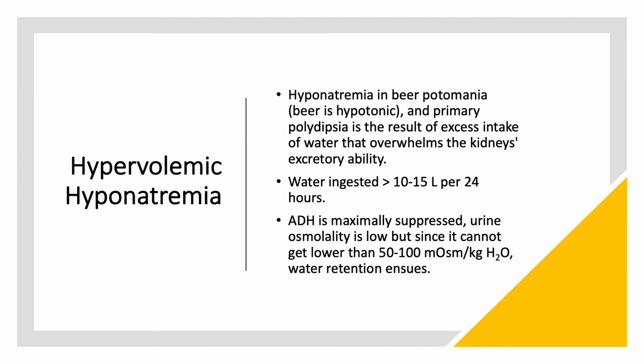They drink more than 10, 15 liters, so it has to be really excessive. A normal person may drink 2 to 3 liters a day, so they're drinking 5 times more than that. So the kidneys lower the urine osmolality more and more, but it cannot go lower than 50 to 100. Then what's going to happen?